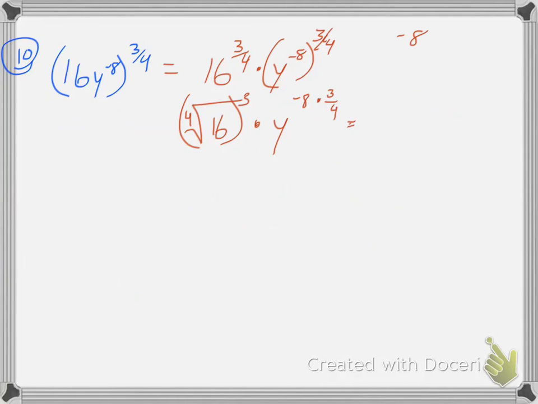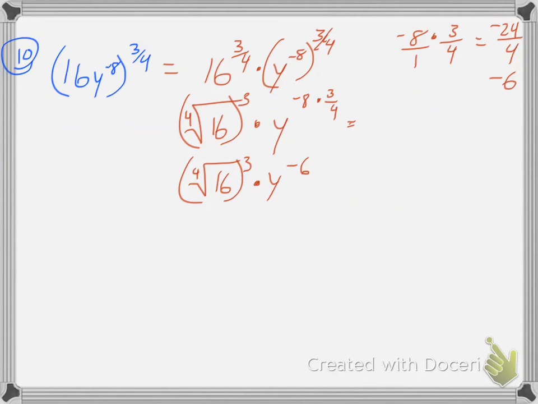Let me do a little side work here so I don't have to write it every time. When I multiply, that's going to become -24/4, which reduces to -6. So I have the 4th root of 16 cubed times y raised to the -6.